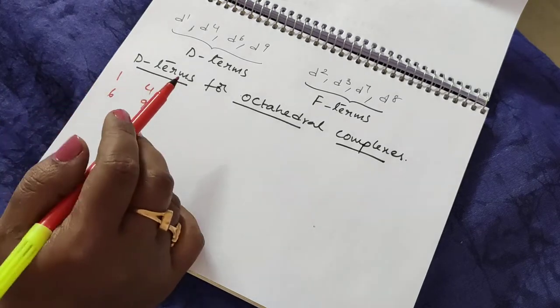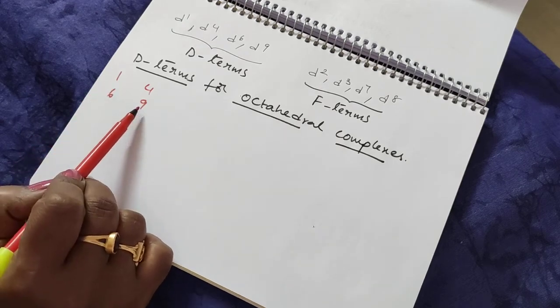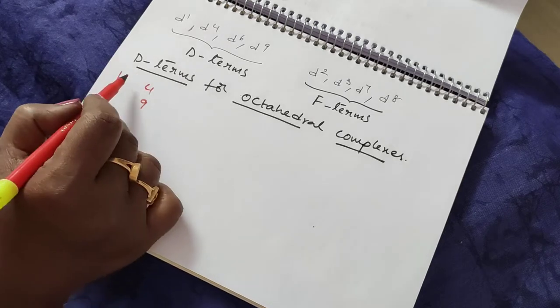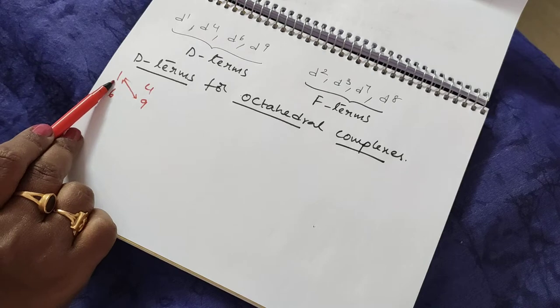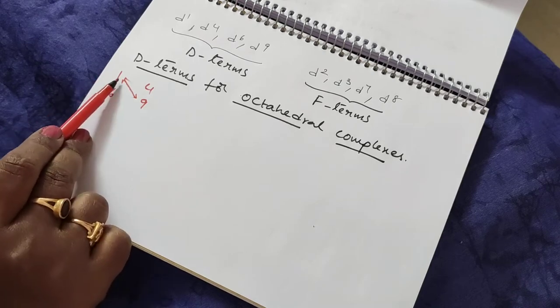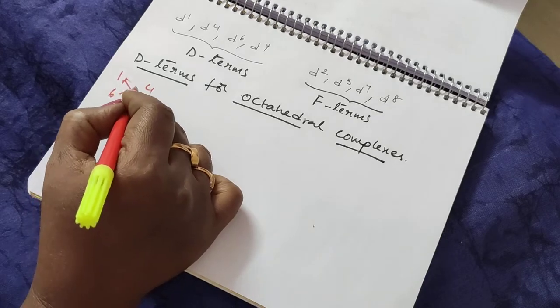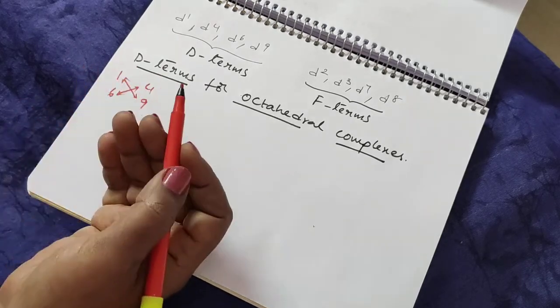If you observe this, 1 and 9 are opposite to each other and 4 and 6 are opposite to each other. So the D1 configuration and D9 configuration are opposite to each other, and D4 and D6 are opposite to each other. What are the same then?